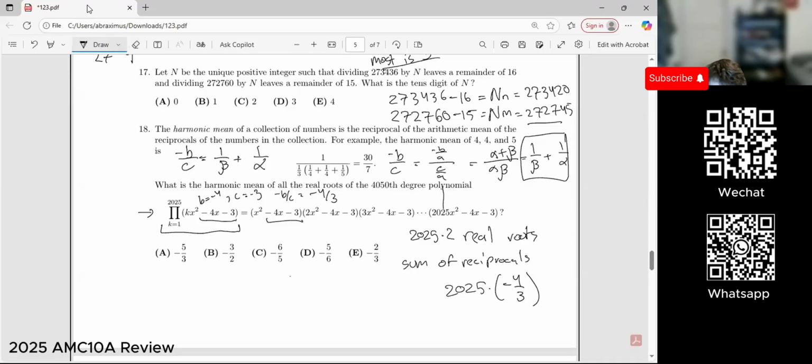So the harmonic mean is going to be 1 over 2 times 2025 times 2025 times minus 4/3. And that is equal to, okay, so this cancels, this cancels, this cancels, this has a 2. We get minus 3/2, which is B.